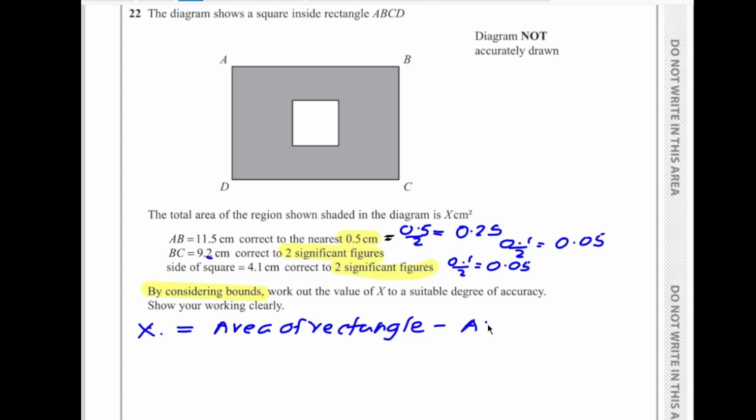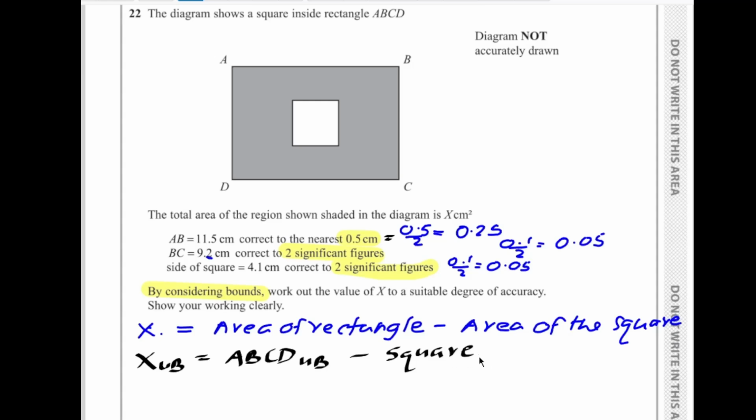Subtract area of the square. Right. Now in this case, if I want to get the upper bound of this one, I need to get area of ABCD, upper bound, and area of square, lower bound.